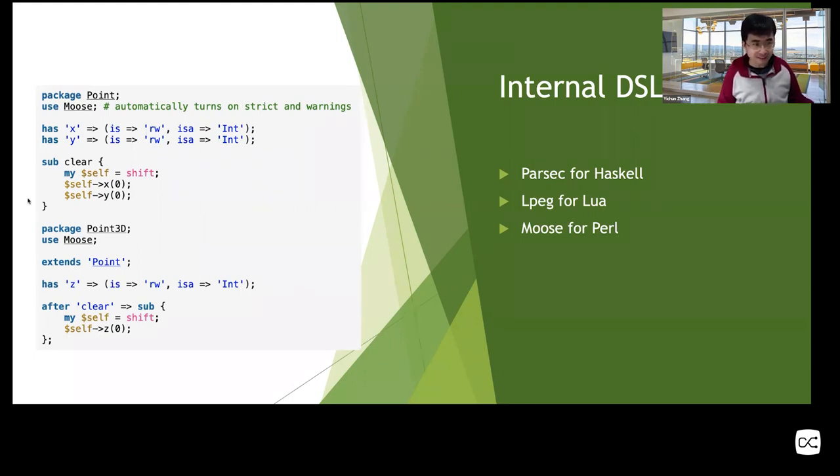Okay, so here it defines whether it's read and writable for the X attribute of this point class, and this attribute also has a type which is integer, and the Y, so X and Y are coordinate attributes, obviously.